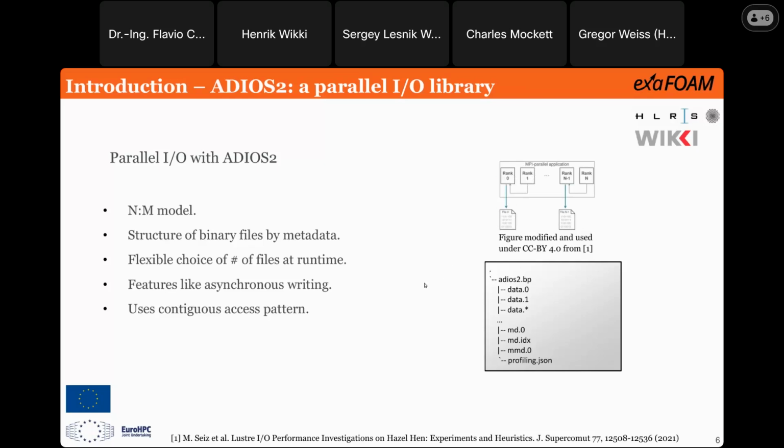There are many features in ADIOS2, for instance asynchronous writing, that very much facilitate good parallel I/O schemes. One aspect is that ADIOS2 uses exactly this contiguous access pattern. What is this?